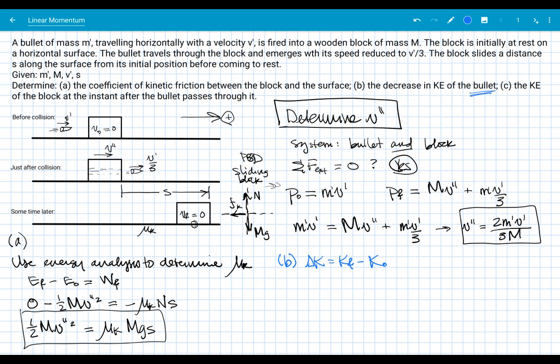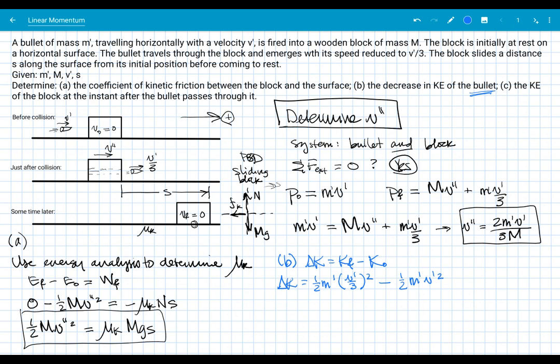The final kinetic energy for the bullet is 1/2 m prime v prime over 3 squared. And initial kinetic energy for the bullet is 1/2 m prime v prime squared. So that is what my change in kinetic energy is, and that's what this particular problem is asking me for.